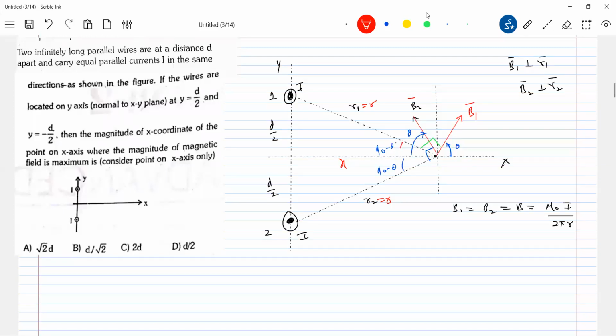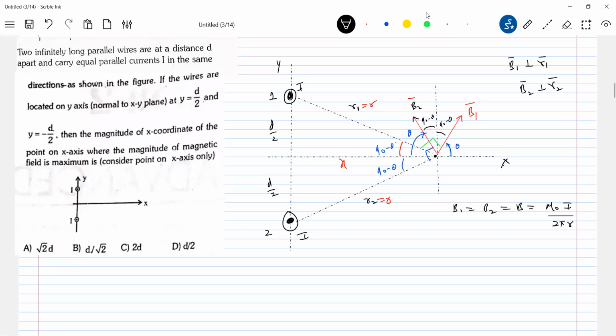In which components will get added up? Vertical components only. So these angles, how much should it be? 90 minus theta, 90 minus theta. Definitely you have to be careful with the angles. So vertical components will get added up.